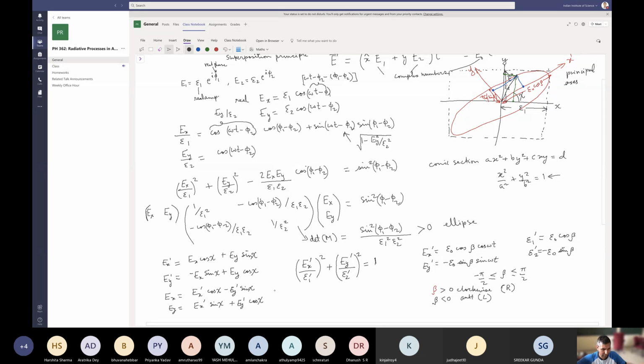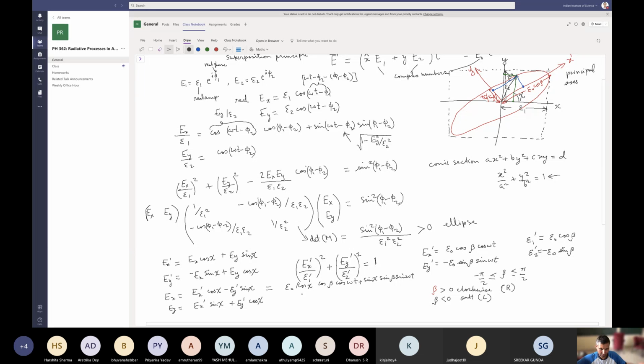Right, so Ex, if I substitute for Ex prime from here, I get epsilon naught cos chi cos beta cos omega t plus sine chi sine beta sine omega t.